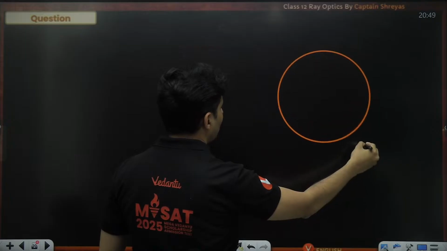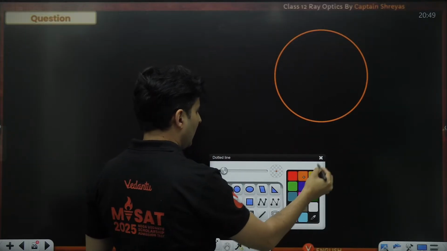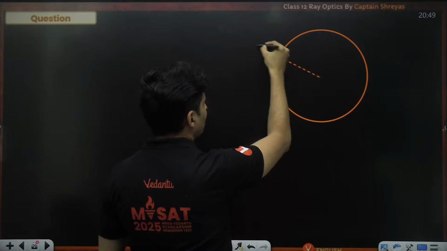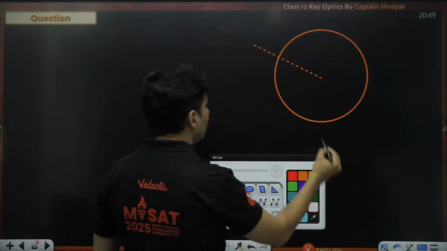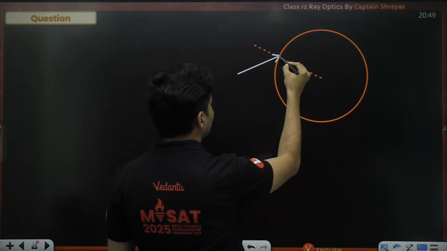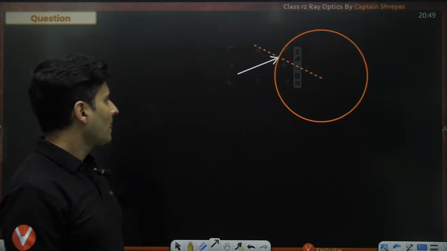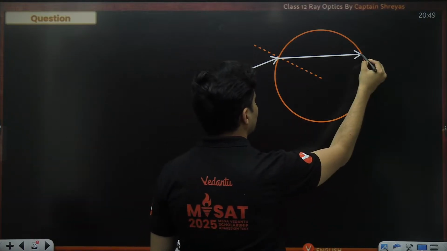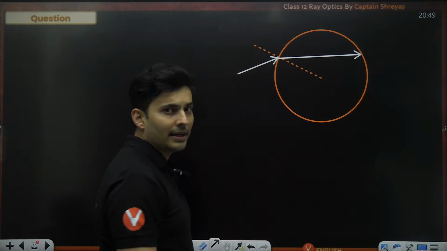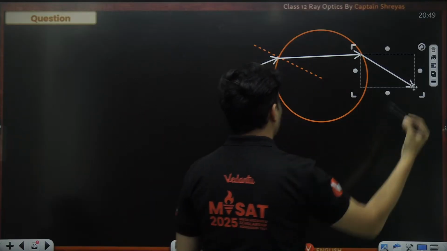Imagine there is a sphere like this, and this is a normal at one place. Light is entering over here at a certain angle, and it refracts over here, and again refracts over here.